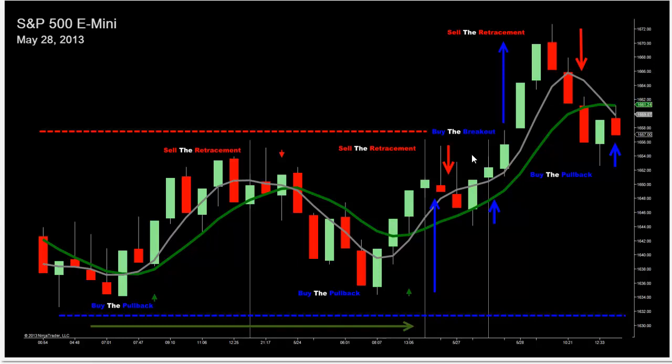Now, circumstances were such that I wasn't present when it occurred, but it is important to me, as it should be important to you, to keep a record of your inferences, whether you are physically present to take the trade or not. This keeps you in sync with the market and gives continuity to your thinking.